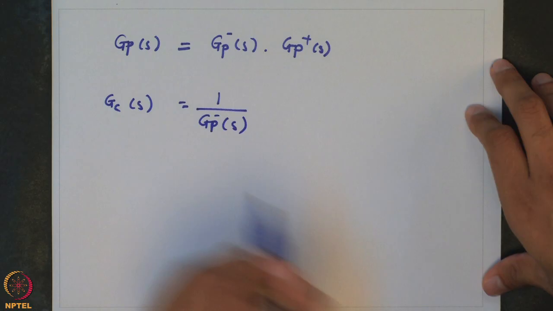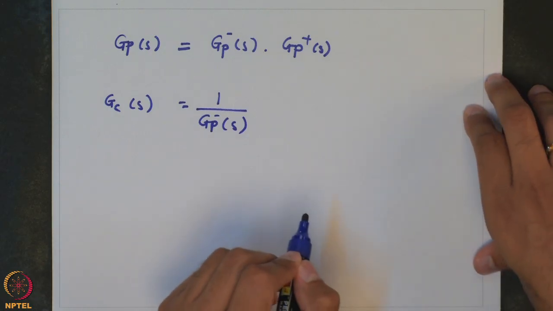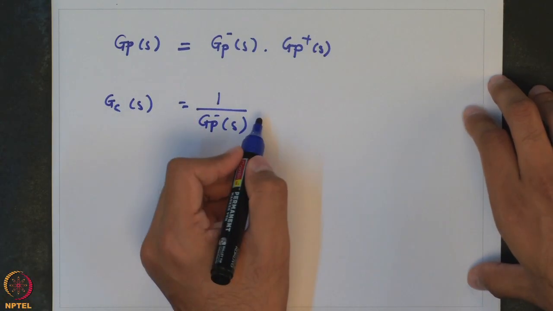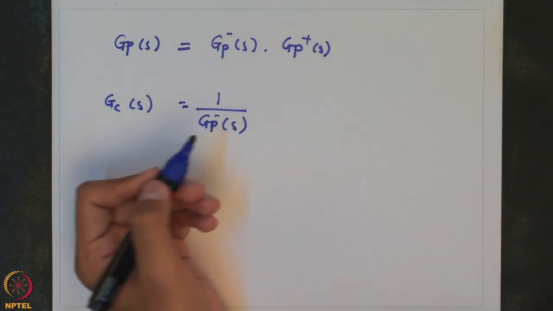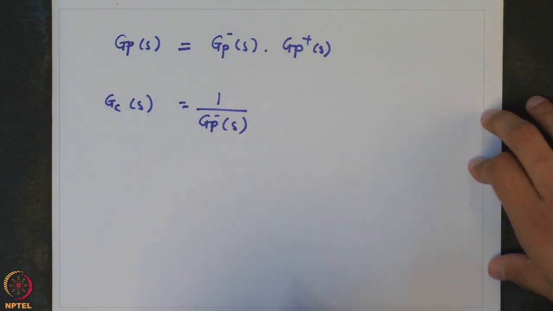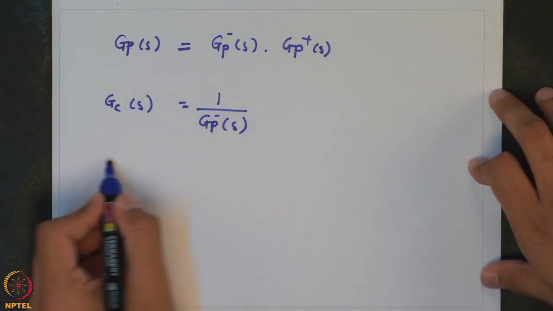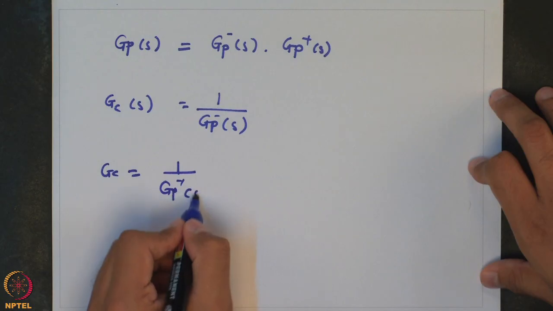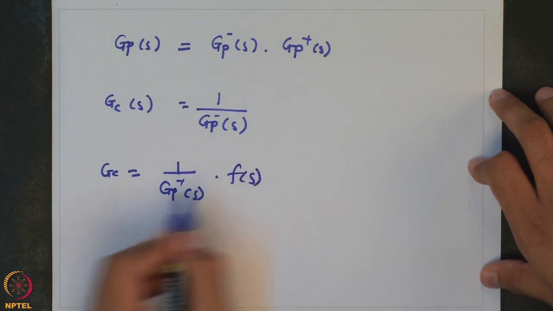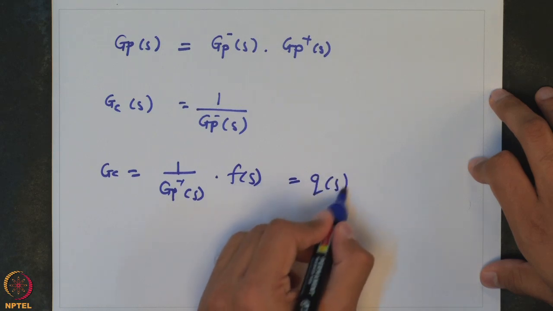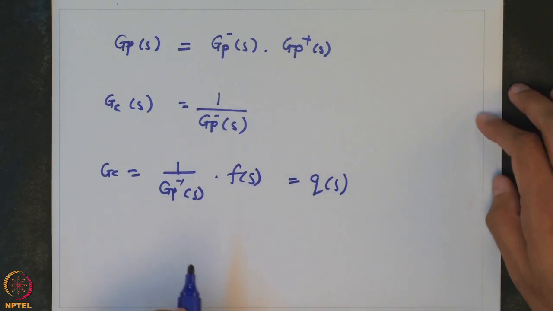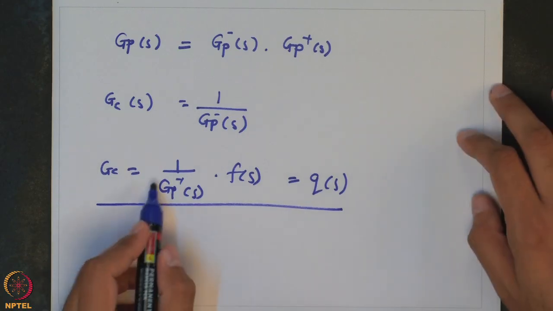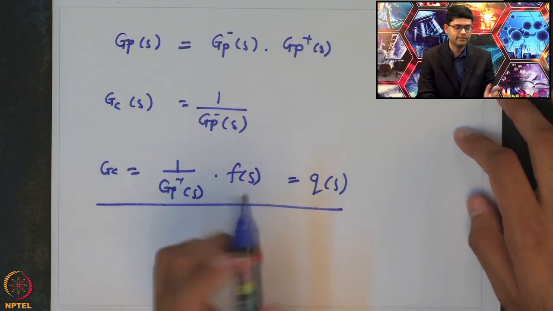So, you take this and you simply add the filter. So, that becomes your controller, which here we will be referring to as Q(s). So, you take only the part which is invertible, invert it and then add a filter to it.